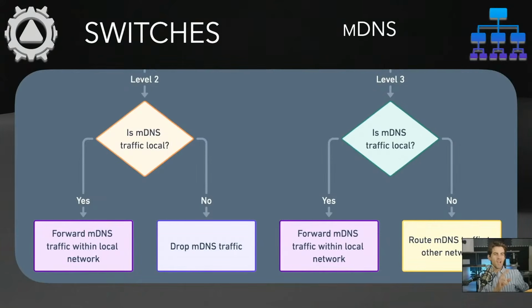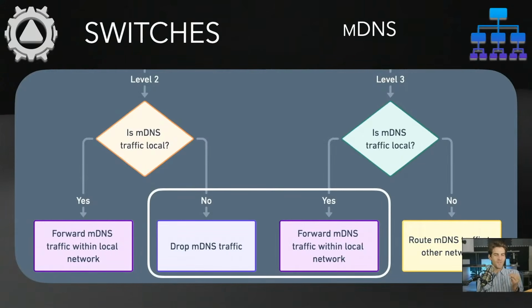If it's not local, it'll be dropped. If it is local, then it will forward. If mDNS traffic is local on a layer 3, then it will forward the traffic within the local network. If it's not, then it will route the traffic to other networks. So the difference is right there.